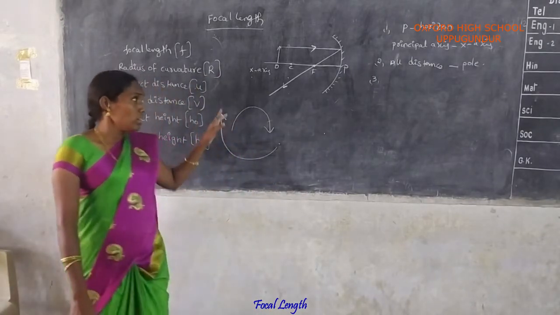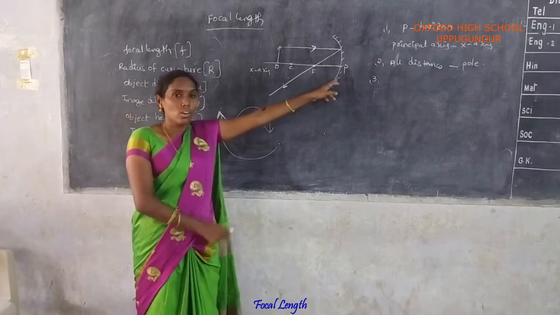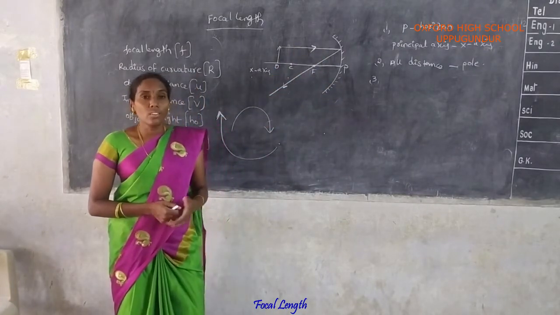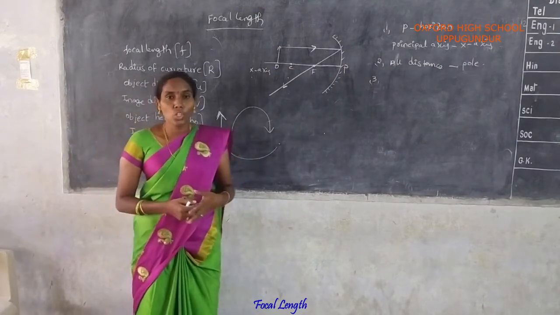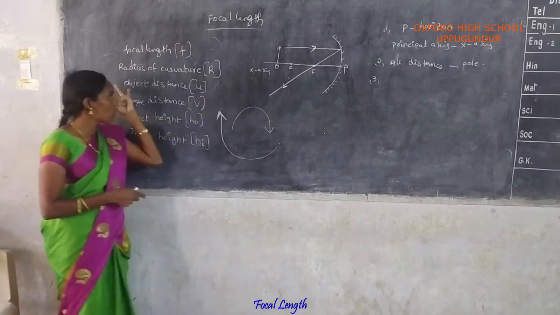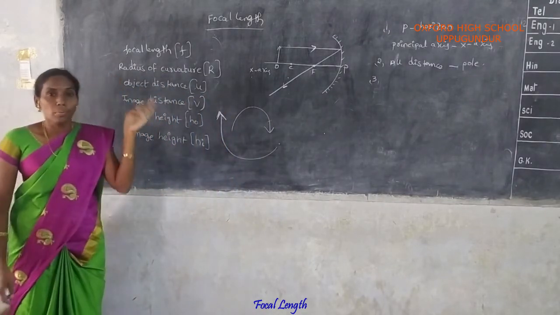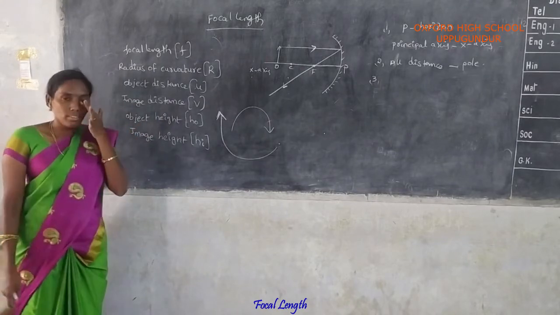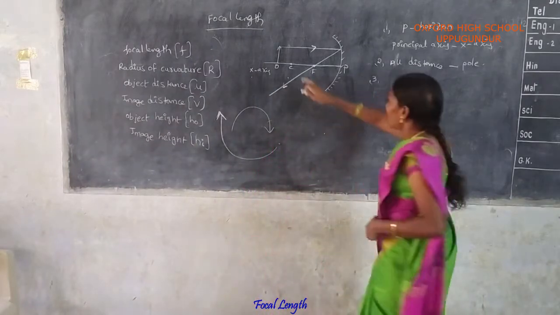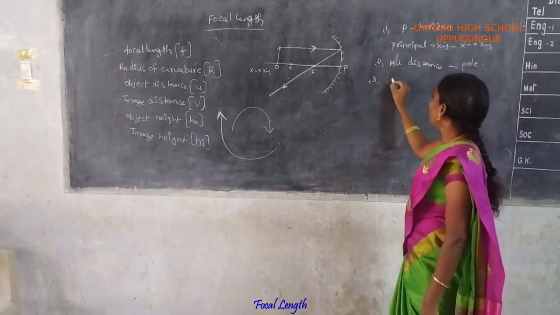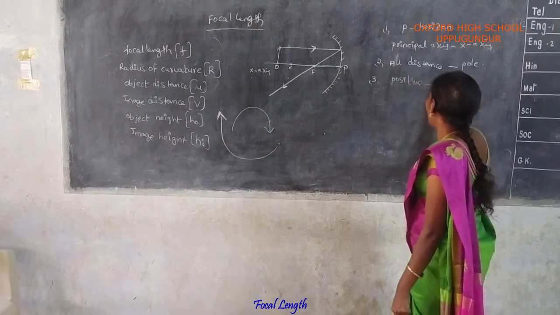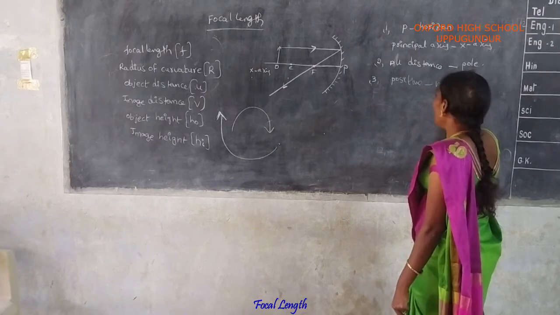See the first one: the pole should be taken as the origin and the principal axis should be taken as the x-axis. Second point: all distances should be measured from the pole. All distances means focal length, radius of curvature, object distance, image distance, object height, image height. Okay? Third point: the distance measured in the direction of the incident ray is positive, and in the opposite direction of the incident ray is taken as negative.